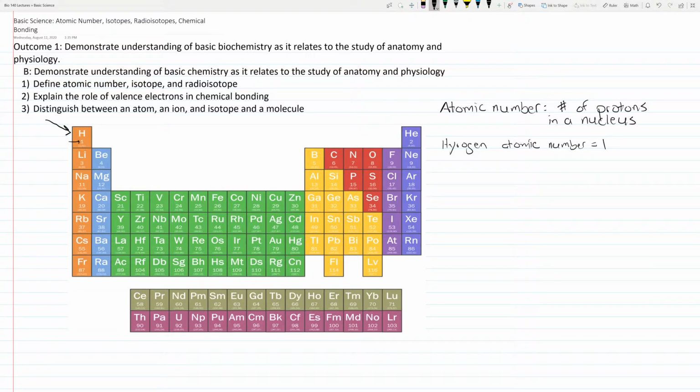In some periodic tables, you have a whole number that is called the mass number. It is a whole number. And this mass number, if you see it, is the total of protons and neutrons in a nucleus.